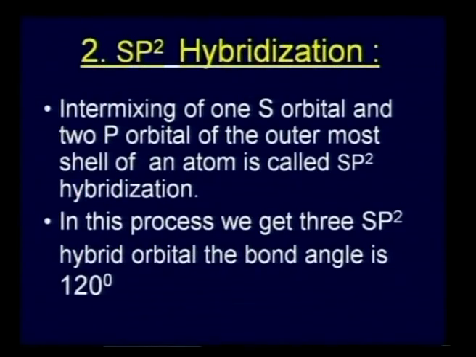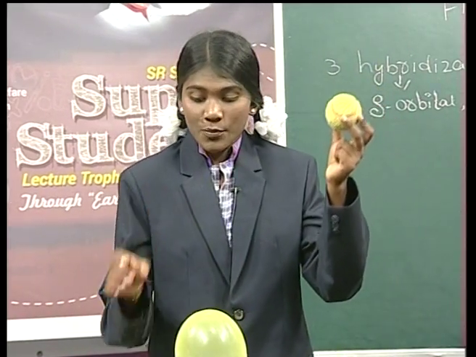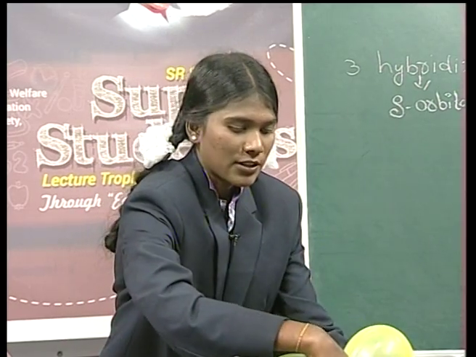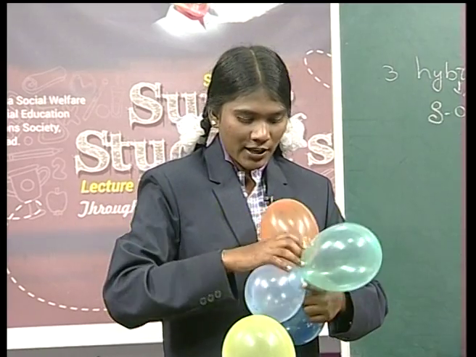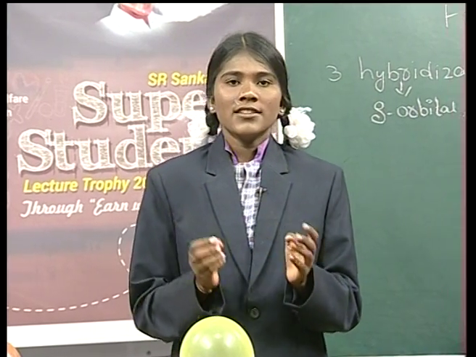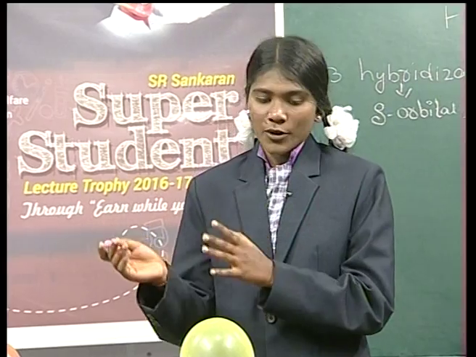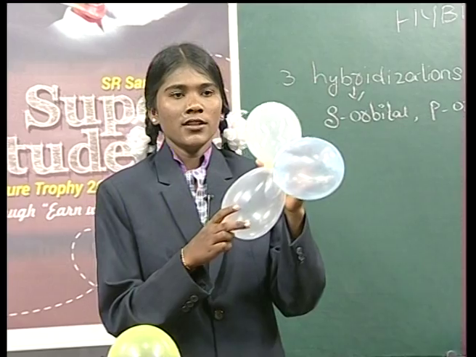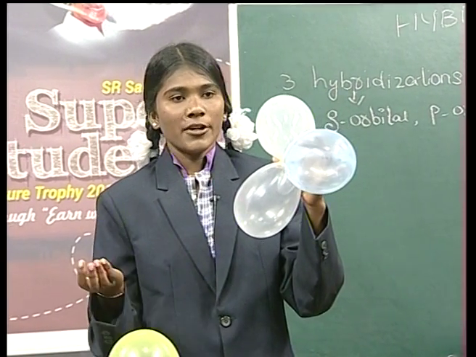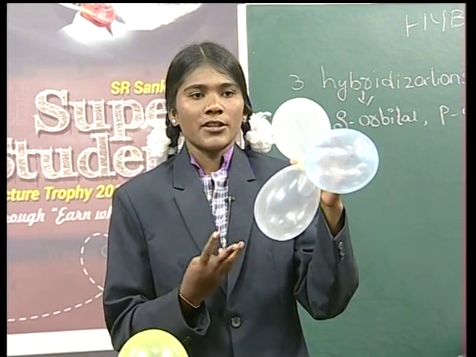The intermixing of 1 s orbital and 2 p orbitals is called sp2 hybridization. In this process, we get 3 sp2 hybrid orbitals. Observe here, in sp2 hybridization we get 3 hybrid orbitals.